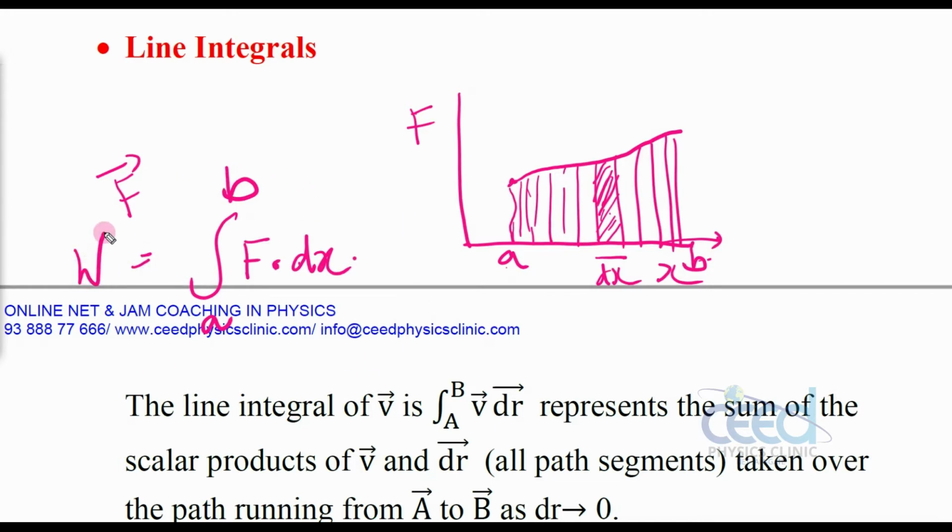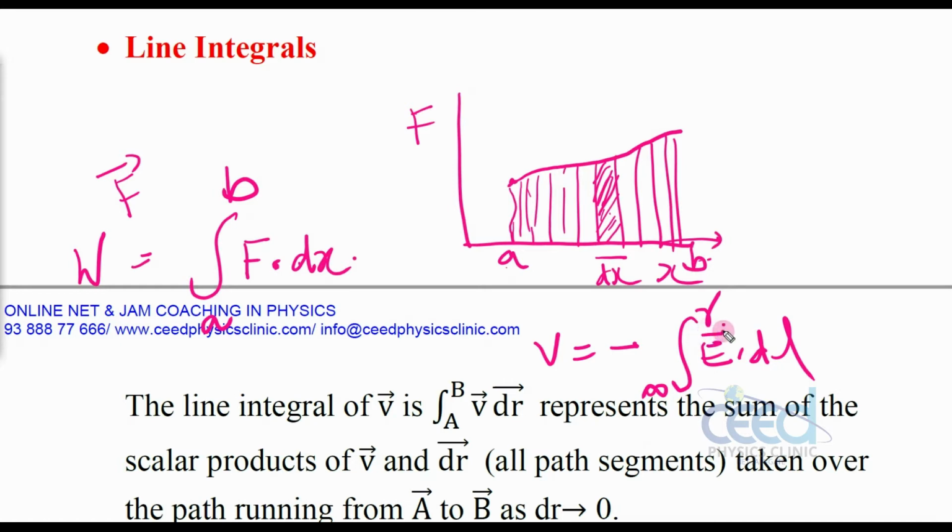The same application you can see if you calculate the potential in electrostatics. The potential is the work done to move a unit positive charge from one point to another point, or from infinity to a particular point, that is the integral of E dot dl. This is also an example of a line integral.